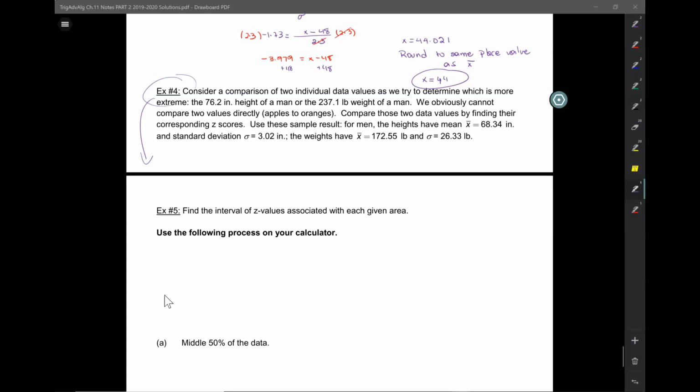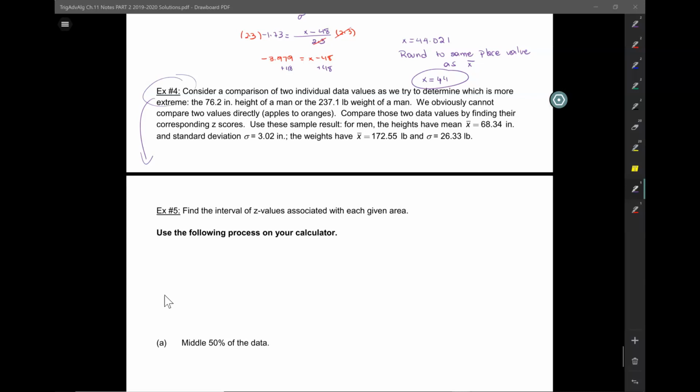76.2 inch height of a man or the 237.1 pound weight of a man. Okay. So we've got two different data points here, right? And we want to know which is more extreme. Which is the more extreme value?